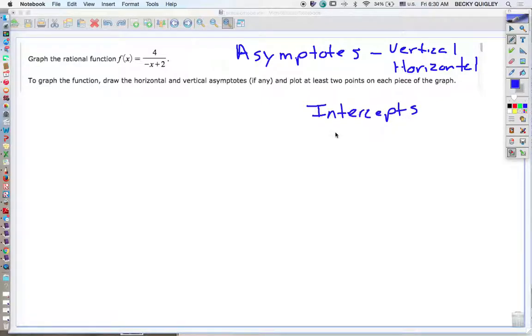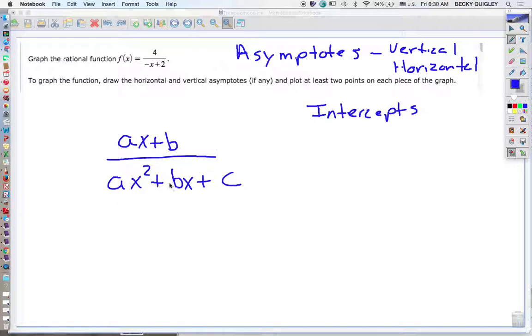So just a general rule of thumb. You're going to find, and I'm just going to put in a generic here, ax plus b over ax squared plus bx plus c. I should use different variables here, but it's just to kind of give you the general idea.